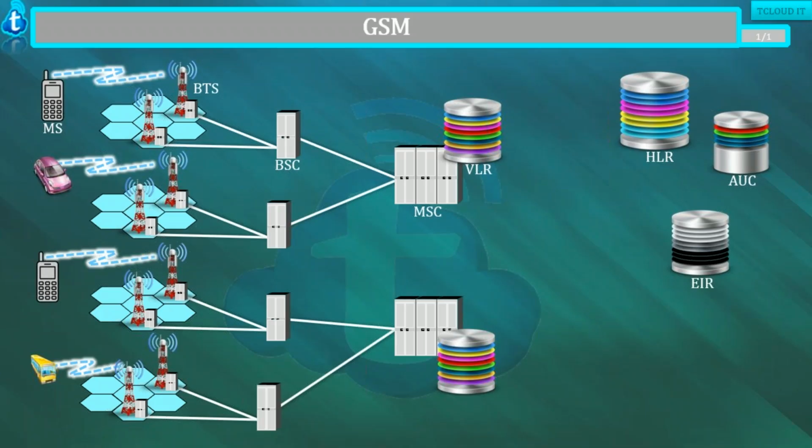When you are traveling on a bus, somebody picks up your mobile phone and goes home. The pickpocket will remove your SIM card and throw it out. He'll put his SIM card in it and start using the phone. But when you give a police complaint and it is forwarded to the corresponding operator, the operator will put that mobile device, based on your mobile's IMEI number, into a blacklist in the EIR, marked as stolen.